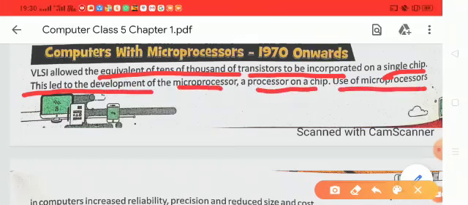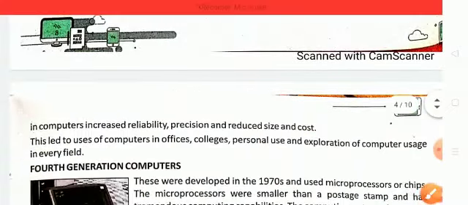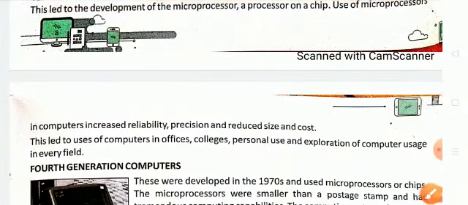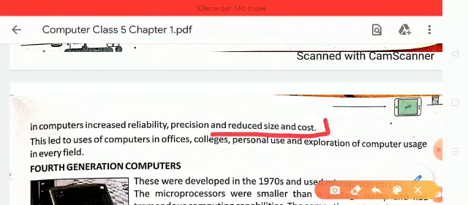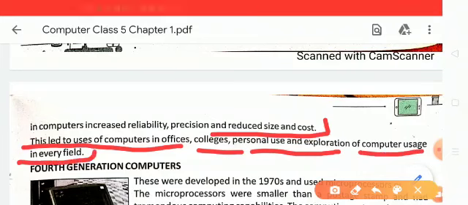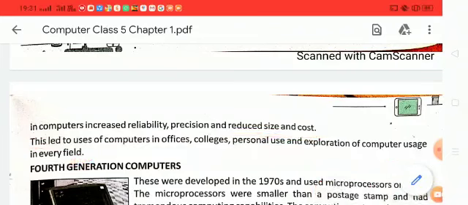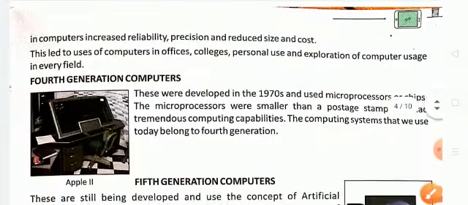Use of the microprocessor in computers increased reliability and precision and reduced size and cost. So this led to the use of computers in offices, colleges, personal use and explorations of computer uses in every field. Okay, I hope you understand.